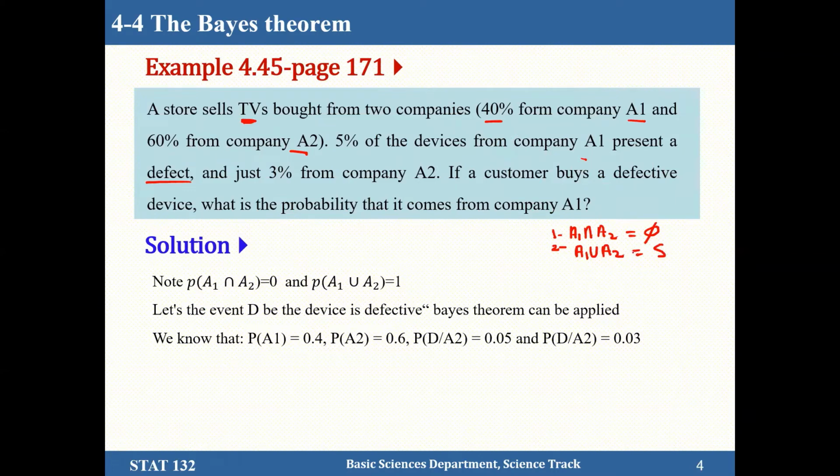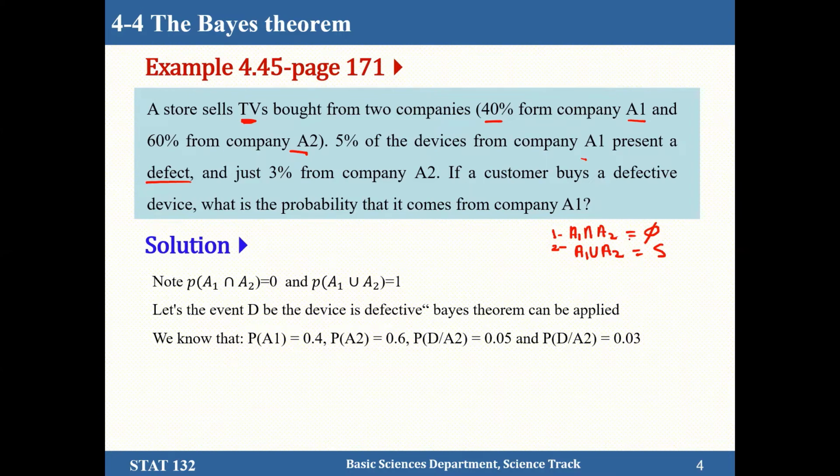So all devices in this store should come from A1 or A2, and no device will come from two companies at the same time. So the intersection is empty and the union equals S. The store just bought from these two companies, satisfied.